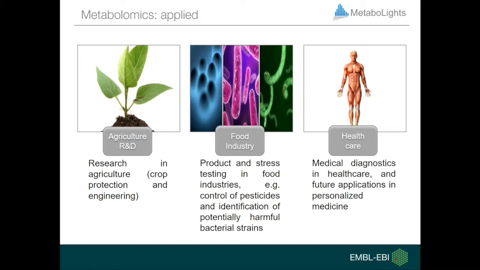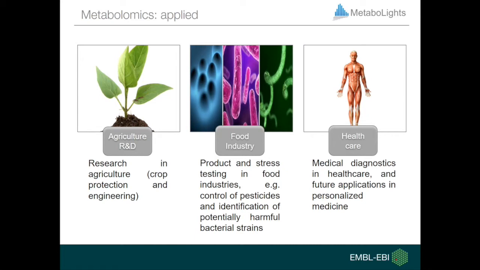The other thing that it's always been very strong for is product and stress testing in food industries. It is making sure that that Parmesan that you think is Parmesan is actually Parmesan and not something else being flogged. And also for the identification of harmful bacterial strains in your food.